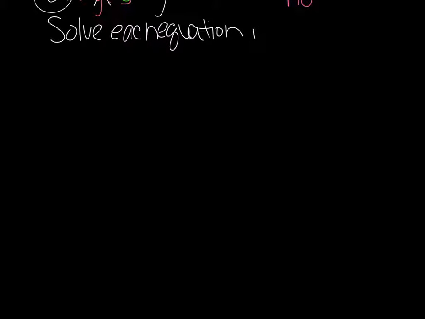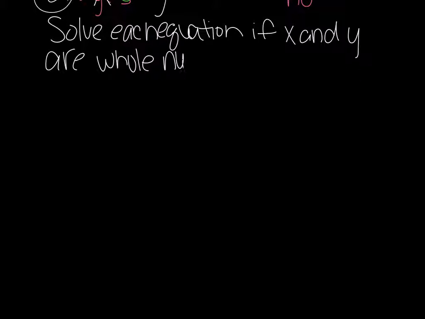And the criteria is going to say if x and y are whole numbers, which may not seem like much, but it actually means a lot, and it cuts down my work a lot, because x and y can only be whole numbers. So whenever I end up putting my answer as an x, y, I should have a whole number, another whole number. So we probably need to decide what a whole number is.